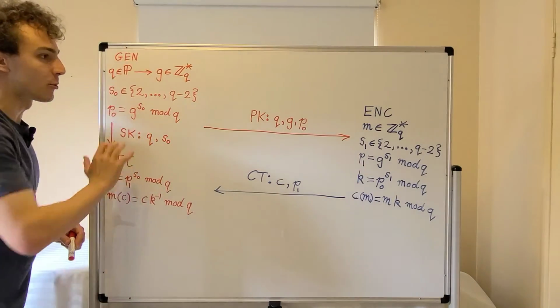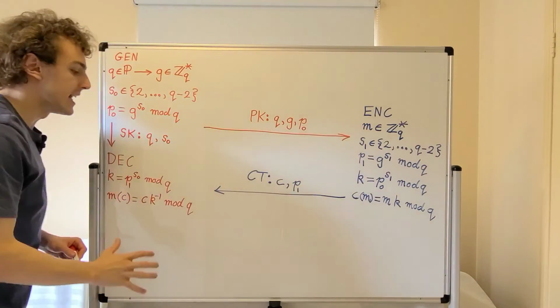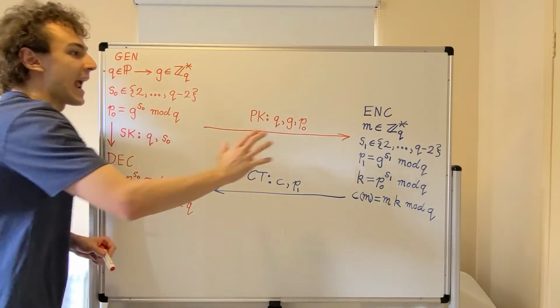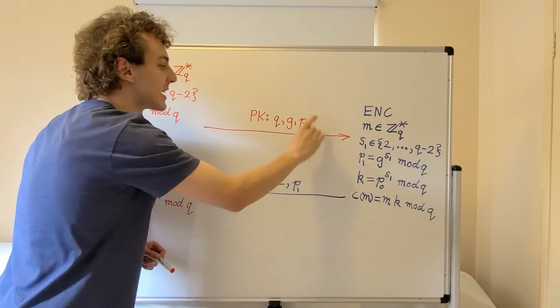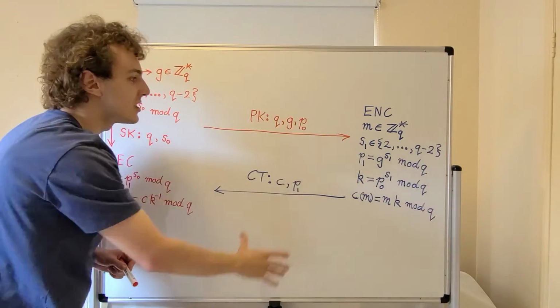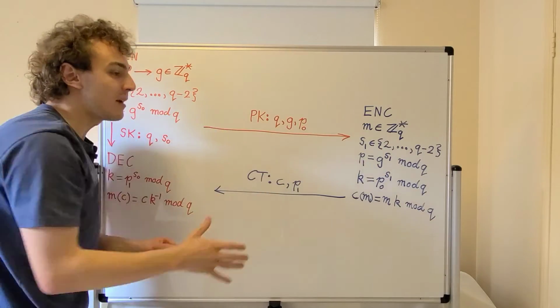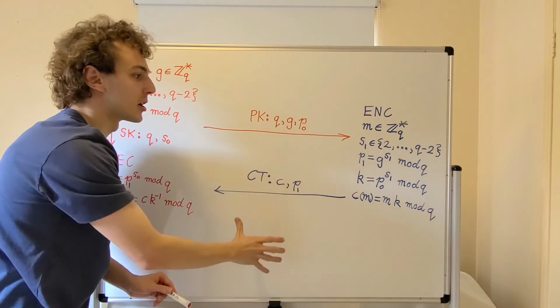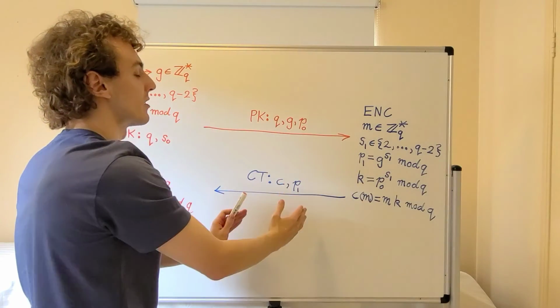So we have key generation, encryption, and decryption. Decryption uses the secret key, encryption uses the public key. And the public key and ciphertext are all being sent through a public channel. That means adversaries can do cryptanalysis using the information that's available here. This is all publicly available information.